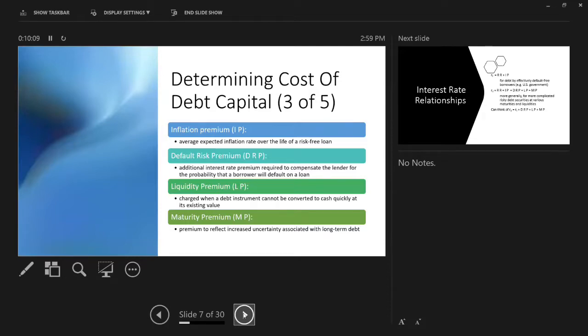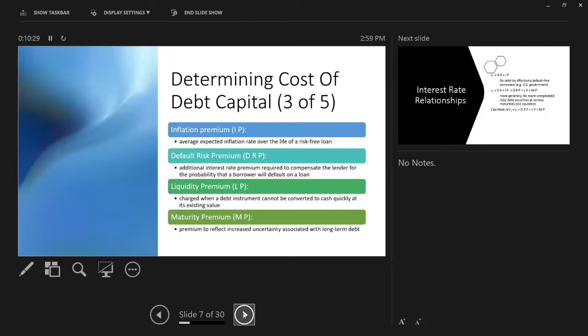But here we are looking at how fast we can convert receivables or payables into cash. When you fail to convert a debt instrument into cash, that's what you call the liquidity premium.